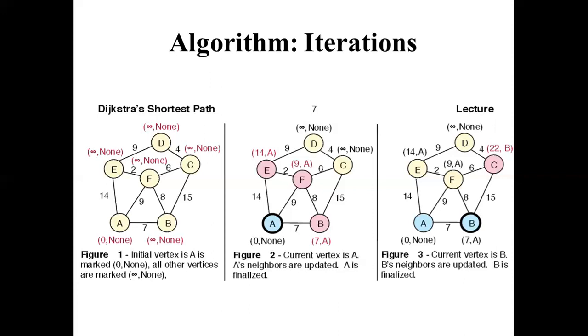Then the pair value becomes 14 comma A. In the next iteration, we have to see how we can take help of the other nodes such as B, F and E.